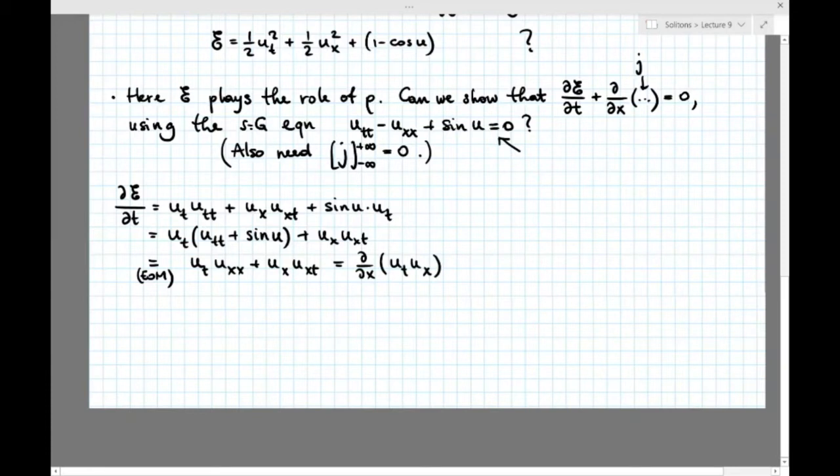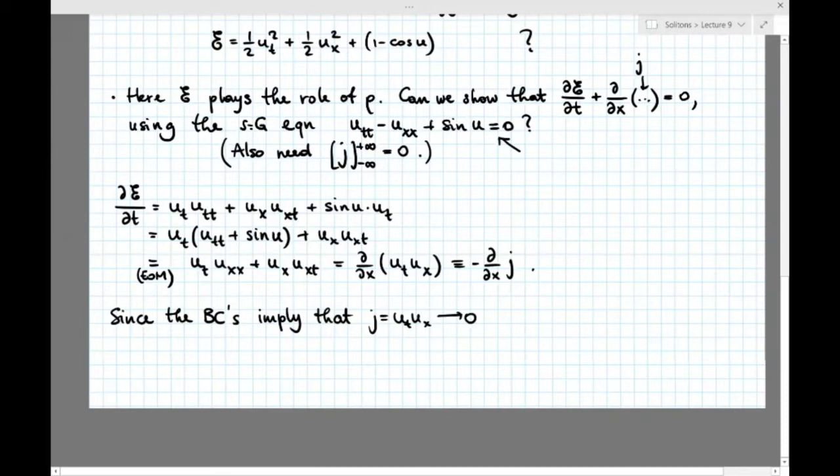So we can now identify the quantity inside the partial derivative as minus the current J. And since the boundary conditions for the sine-Gordon field require that partial derivatives of u with respect to t and x tend to 0 at infinity, in particular, they imply that the current J, which is minus ut ux, goes to 0 as x goes to plus or minus infinity.